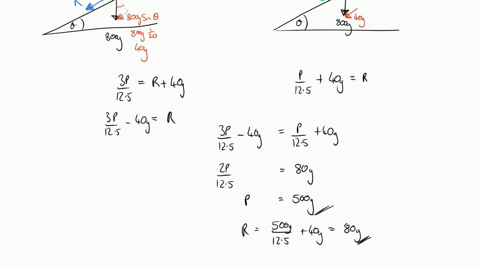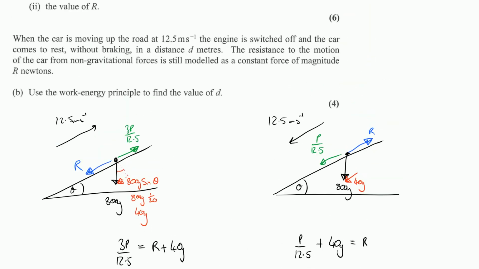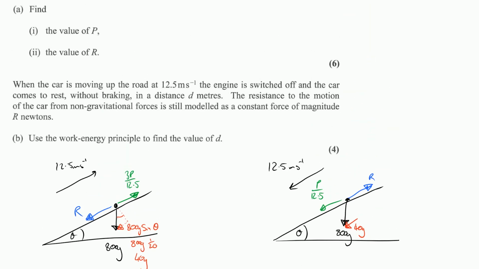So those are my answers for P and for R. Obviously we could work those out as numerical values, but I've just chosen here to leave it like that for speed. Right, moving on to part B.